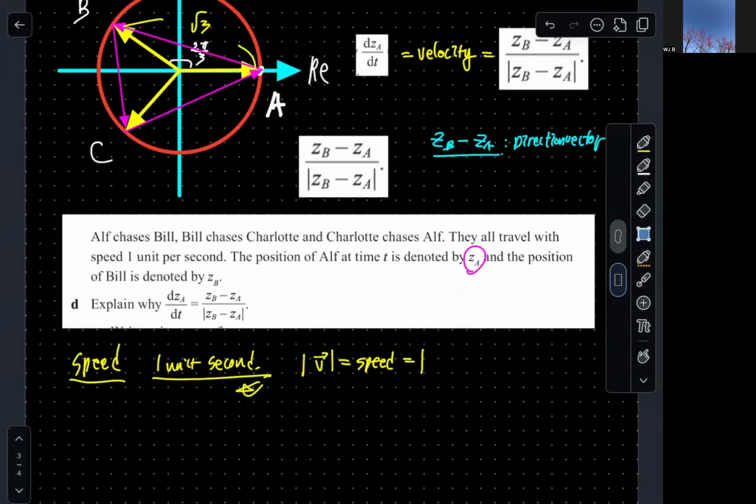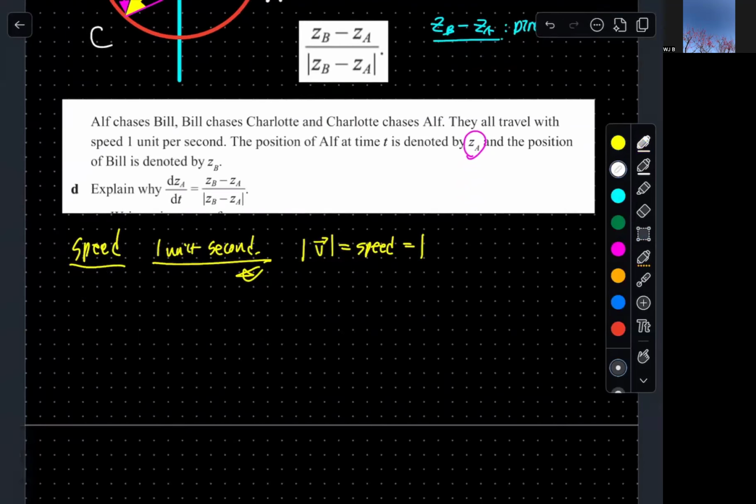That is what I'm given. And when you are doing the kinematics for a vector, remember, if you are given the direction vector, you have to make it a unit vector, and then you multiply by the speed, which is the magnitude of a velocity vector.